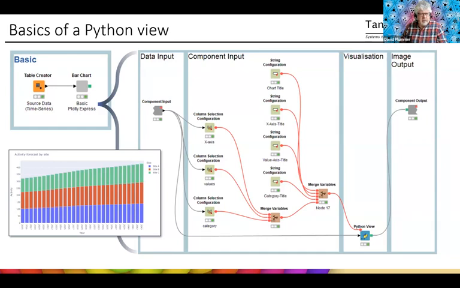So all of those are captured in variables, 9 variables, and those 9 variables are fed into the Python view node along with the table data that has been fed into the component as well. So we now have information to say how we want to display the chart, and we have the data for the chart.